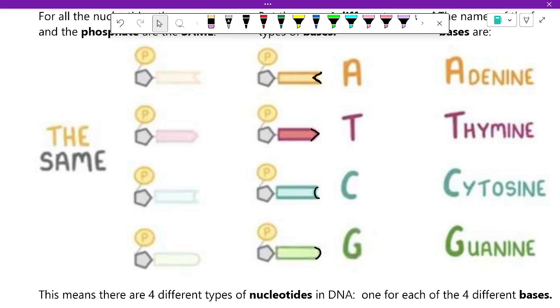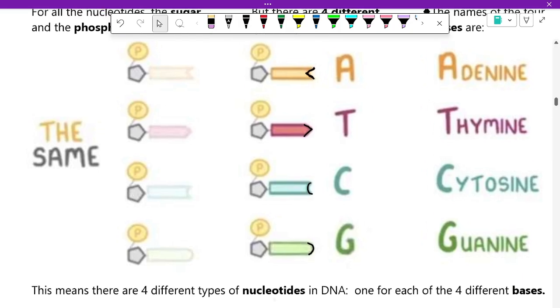Here is a T, we got the outward triangle. Those match, like a baby bird. Here is an inward circle. The inward circle matches with the outward circle. So that means that A gets paired up with T and C gets paired up with G because they go together like a puzzle piece, across from each other. And we'll see that very soon.